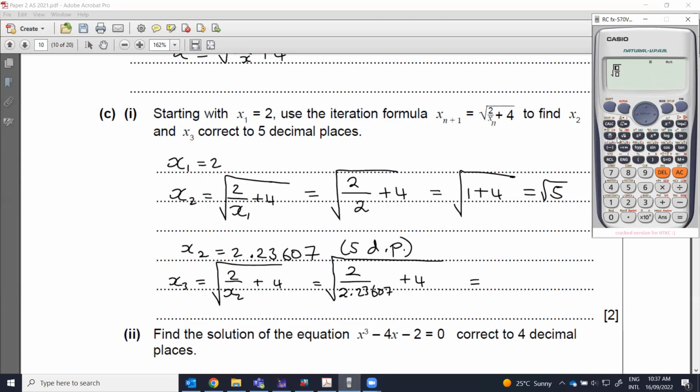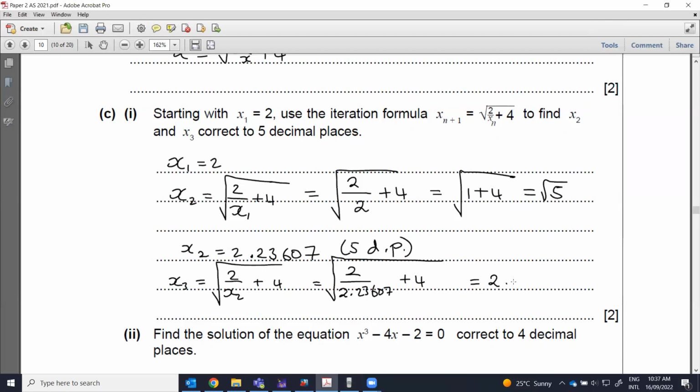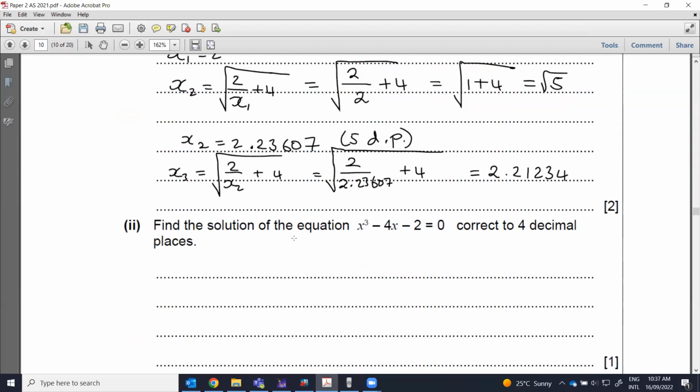Type in square root, big fraction of 2, and then instead of writing the rounded one, you can put square root of 5, and then plus 4. After that, you round it off to 5 decimal places as required. So this is 2.21234. Here I don't use the rounded one, I use the exact value, but the difference will not be that big. Okay, so those are my x2 and x3 that I was required to give.